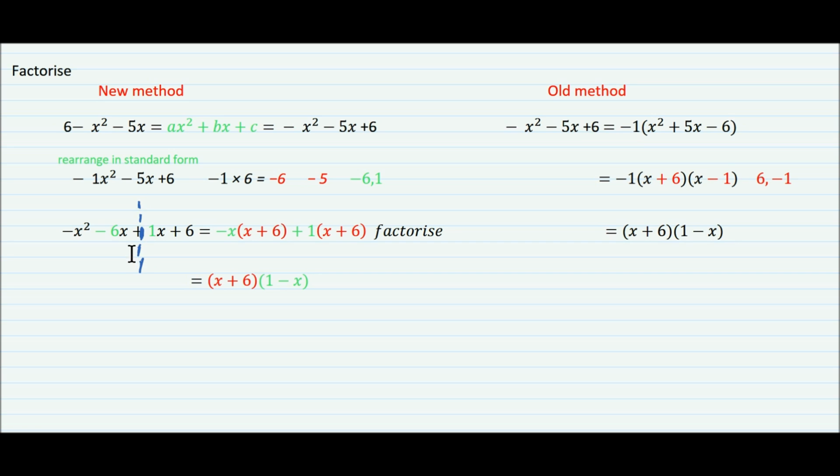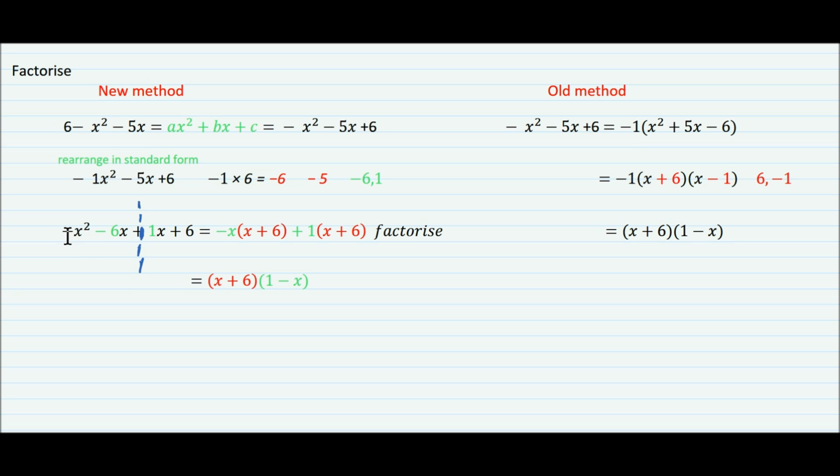Because these two added give me that, if you add these two, it'll give me the coefficient of this, but you split it up. So you write it as minus 6x and plus x. Then you'll have minus x squared minus 6x plus x plus 6. Then you put a line down here.